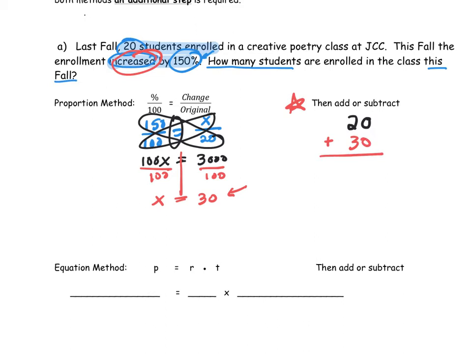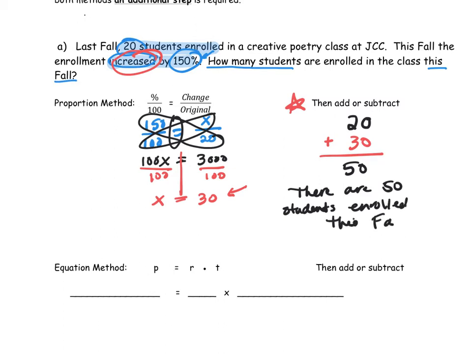And so our total is 50. So that means there are 50 students enrolled this fall. That can be tricky because we're used to cross multiplying or using an equation and having the answer, but this is going to involve a second step.